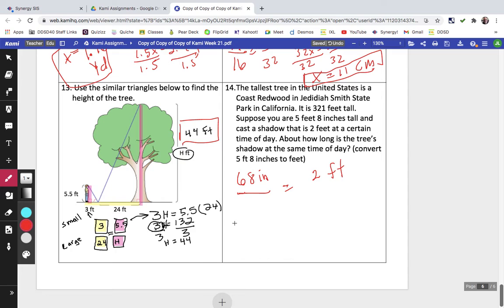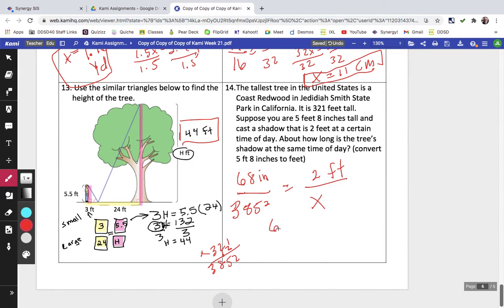So 321 times 12 is 3,852. And we want to know, well, how long is that shadow?